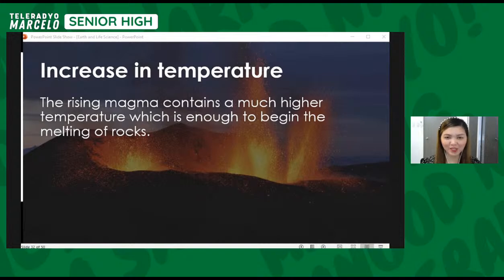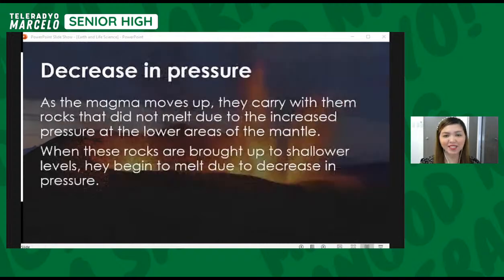The rising magma contains a much higher temperature, which was enough to begin the melting of rocks. Okay, so the second possible cause is again attributed to convection currents. As the magma moves up, they carry with them rocks that did not melt due to the increased pressure at the lower areas of the mantle. When these rocks are brought up to shallower levels, they begin to melt due to the decrease in pressure.